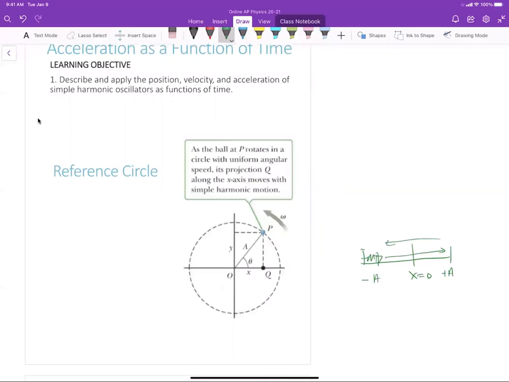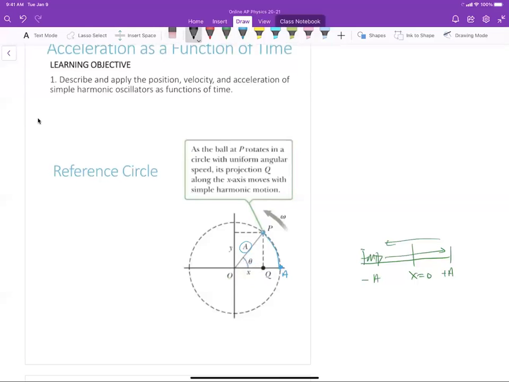If I take a look at this position X, he's moving back and forth, so let's just take the position right here at this moment in time. I can say that there is a relationship between X and that amplitude, right? Because amplitude would be the max distance that we are at. So the amplitude is the hypotenuse of that.